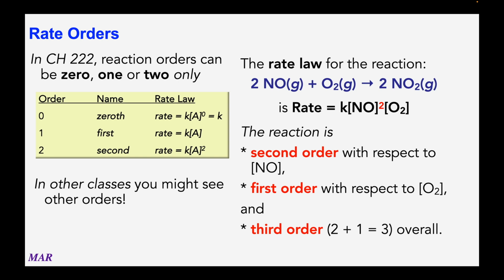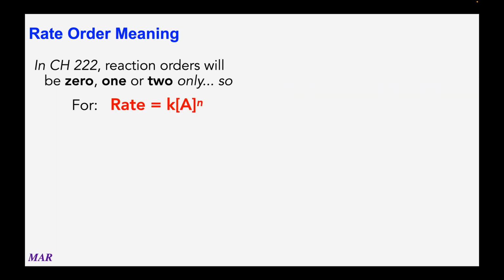There's not a 1 right there, but it's implied. And also, if you hear about overall rate order, you just literally add up the individual orders. So 2 from NO and 1 from O2, 2 plus 1 equals 3. The overall rate order would be 3 if you hear that expression. In this class, reaction orders are 0, 1, and 2 only. So let's talk about what those mean a little bit more.